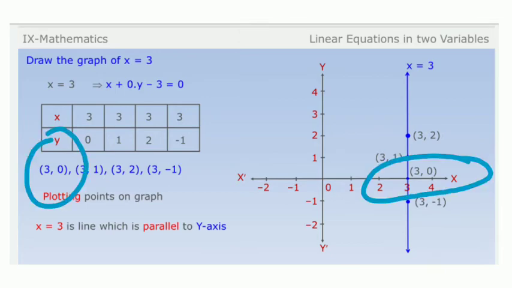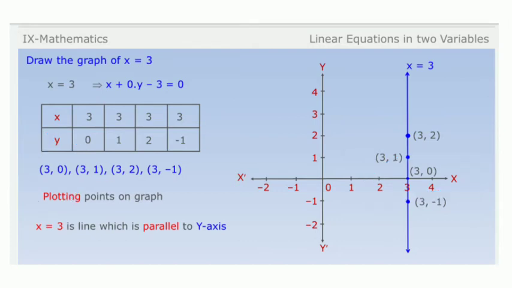First point is 3, 0. Here the 3 is the x coordinate, so this is on the x-axis, and 0 is also the origin. So on the x-axis we know 3, 0 is the point. So 3, 0 here. The next point is 3, 1.